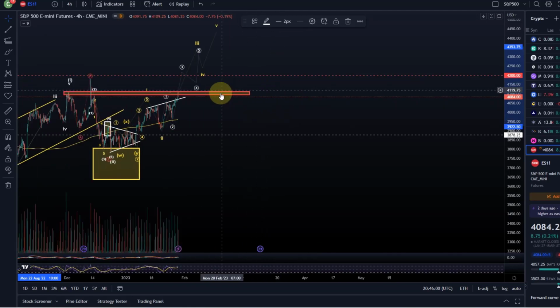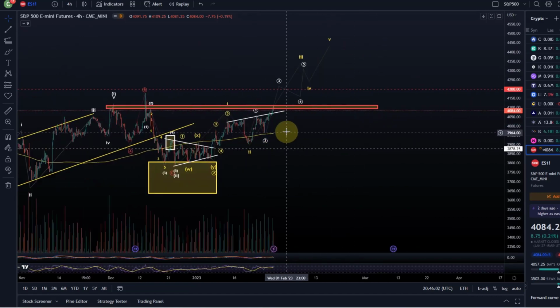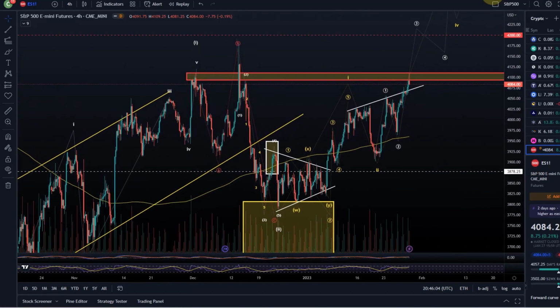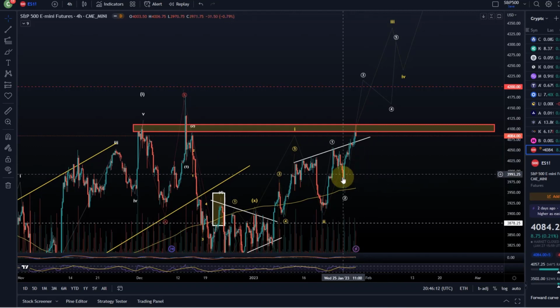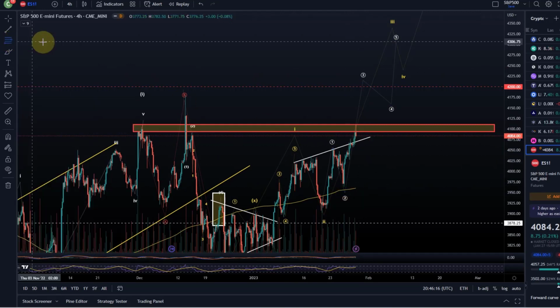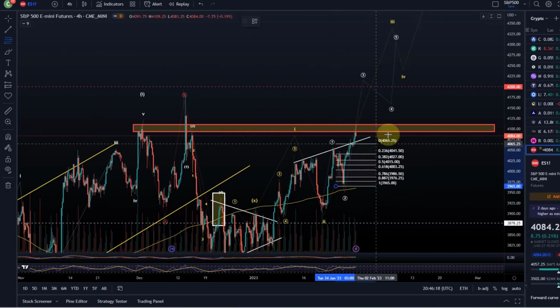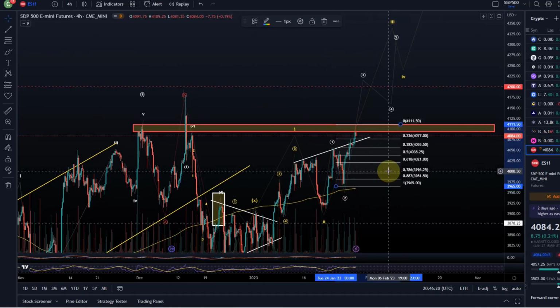I think we can focus now on higher as long as this last wave 2 low is holding, which is at $3,960. Ideally, the S&P 500 now even holds above the 78.6% retrace, which would be the $3,996 level.